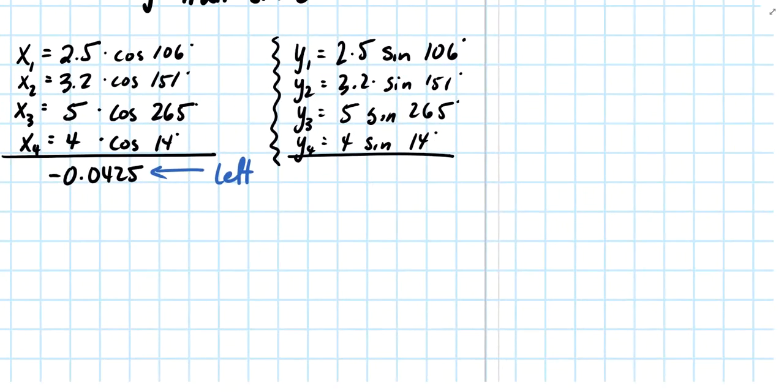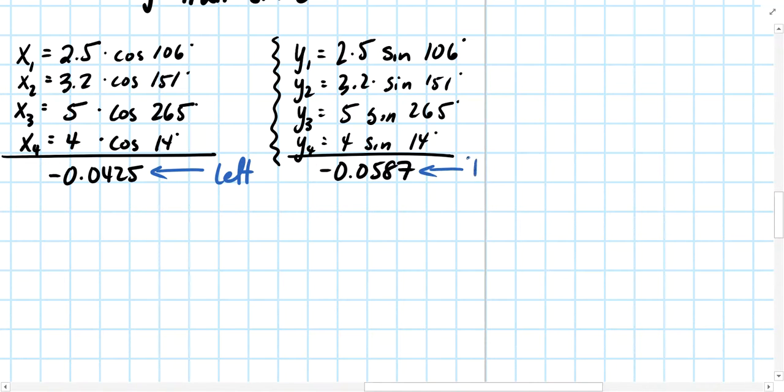We can talk more about the math behind that when we see each other in class, but that's essentially what's happening here with each of these components. Now, this result comes out to be negative 0.0587, and so that tells me that we are actually below our target just a little bit as well.